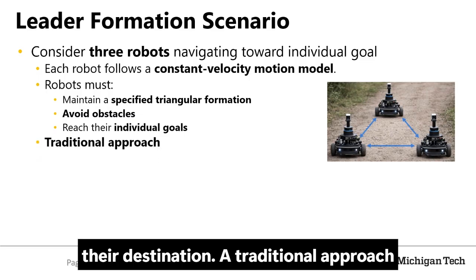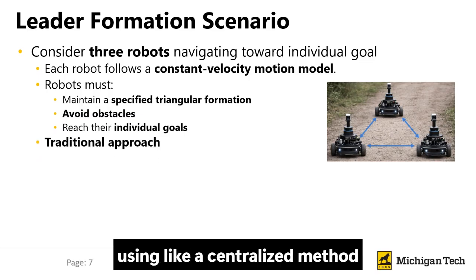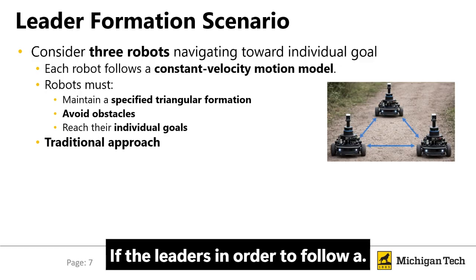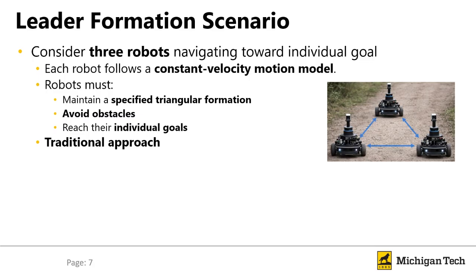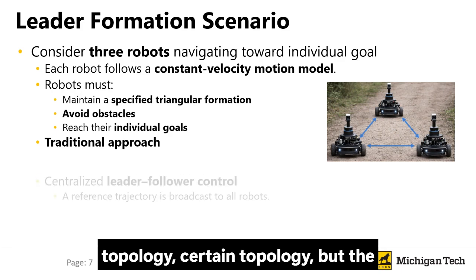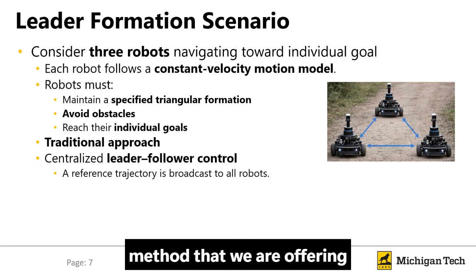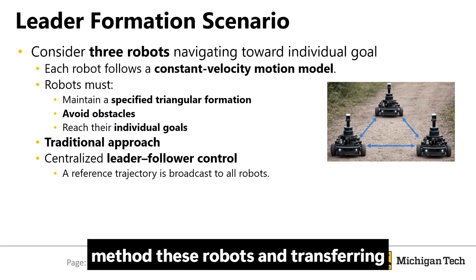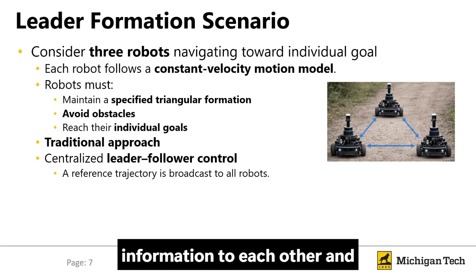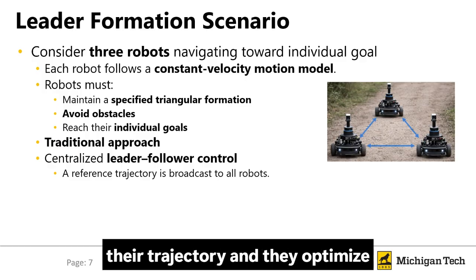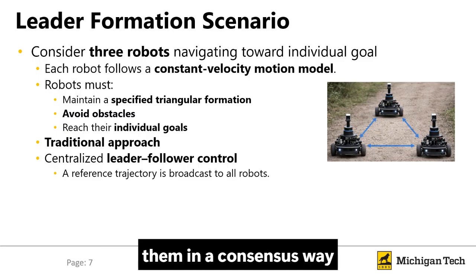So we need to have some coefficient to see which one is more important. In this case, we have a constant distance, for example, and they are using a constant velocity motion model, and they are following a triangle from source to destination, avoiding obstacles and reaching their destination. A traditional approach uses a centralized method to give the leaders orders to follow a certain topology. But the method that we are offering is a decentralized method. In the decentralized method, these robots transfer information to each other, they share their position and their trajectory, and they optimize them in a consensus way.